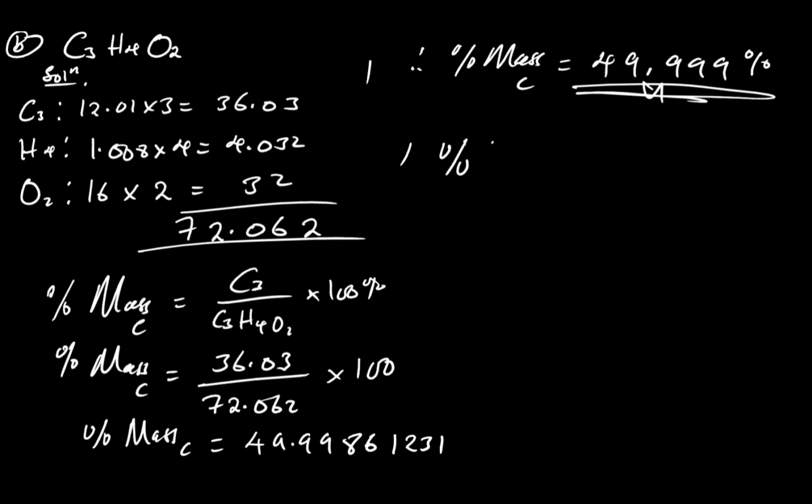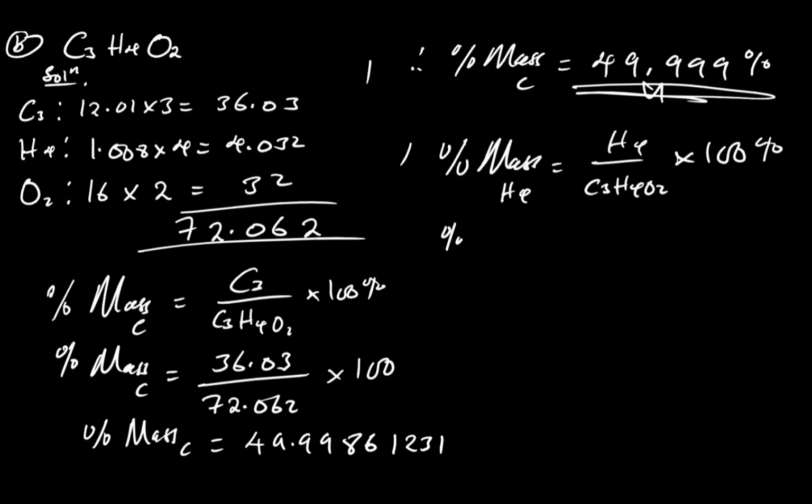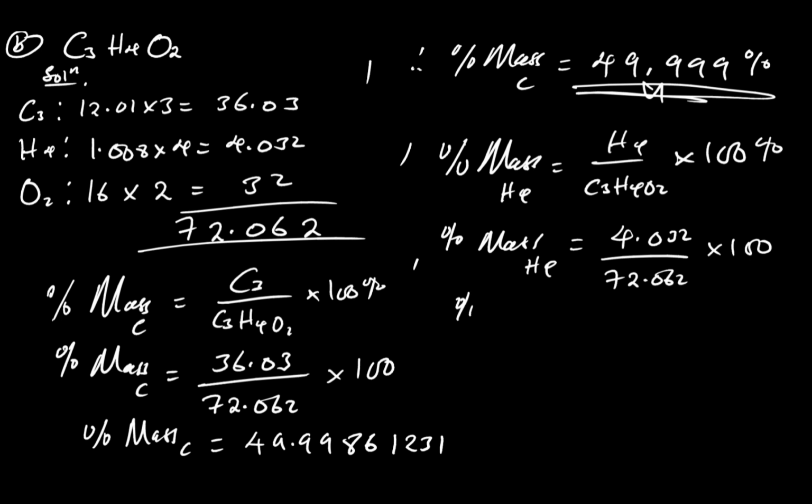Then we can look for the percentage composition by mass of hydrogen, which would be H4 over C3H4O2 times 100%. So the percentage composition by mass of hydrogen will be the mass of hydrogen, which is 4.032, over 72.062 times 100. Computing this will give us 5.59518192.